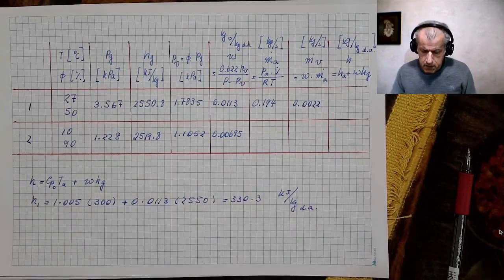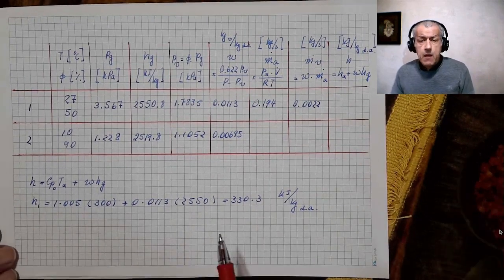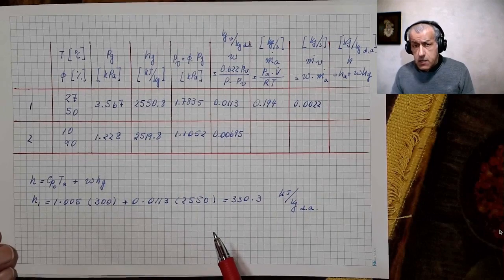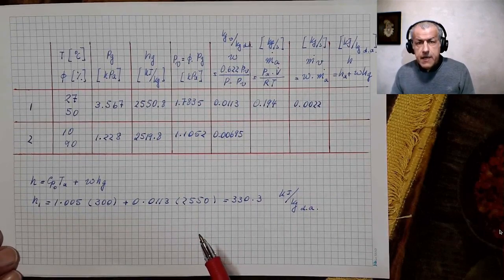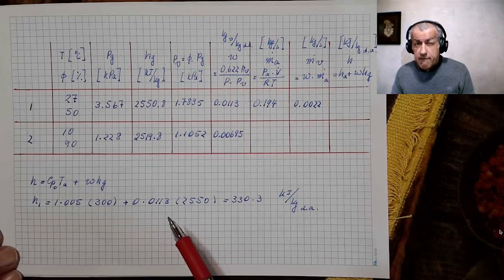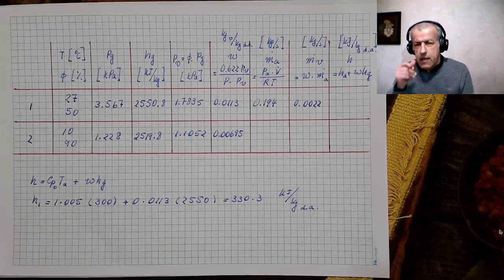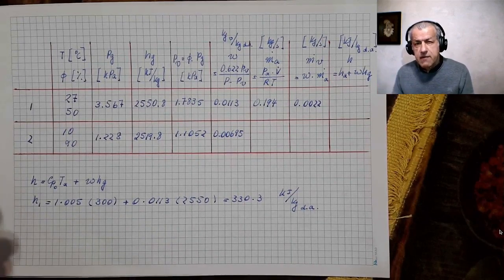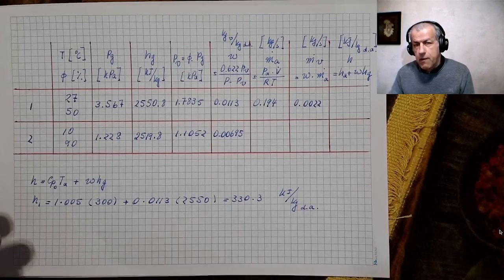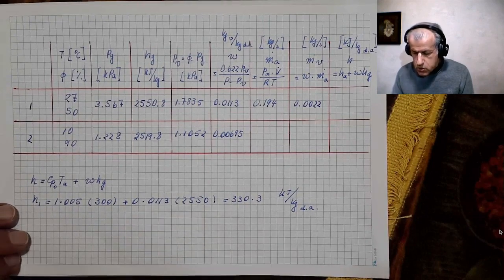A very common practice in air conditioning is that they sometimes ignore the value for Kelvin because you would always have a delta H, and that 273.15 would disappear from both H1 and H2.